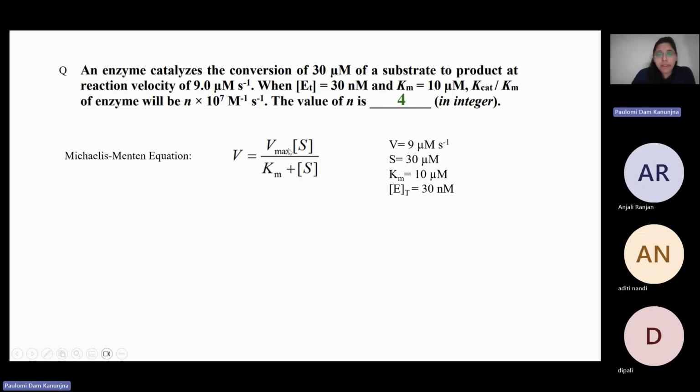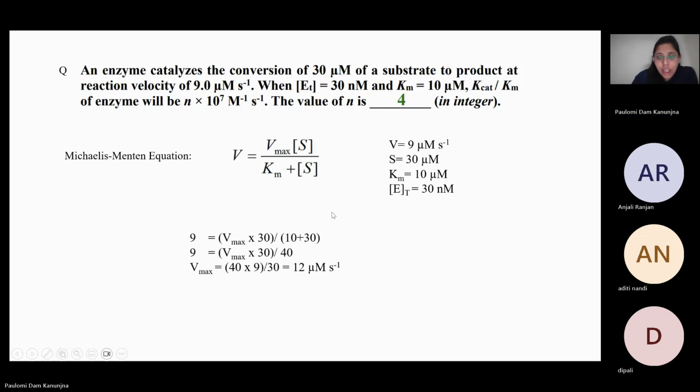For now, we can calculate Vmax because we have everything else. So if you substitute that, V is equal to 9, which is equal to Vmax into 30 over 10 plus 30. Now I can put all of them together because they are all in the same unit, micromoles. So if I solve this, Vmax is equal to 12 micromole per second.